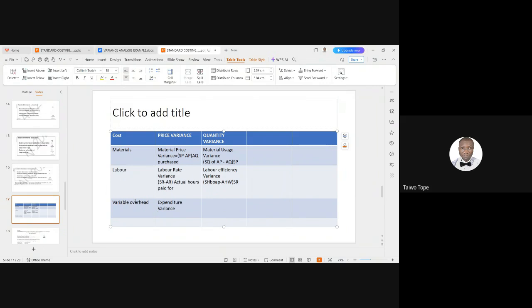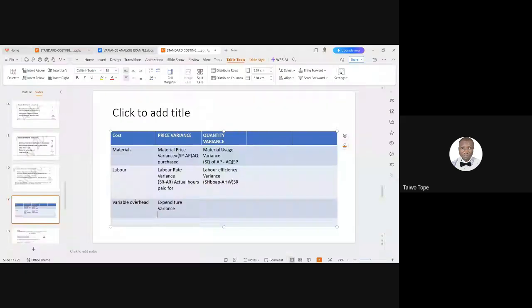It entails rates. It looks at the issue of rates likewise.